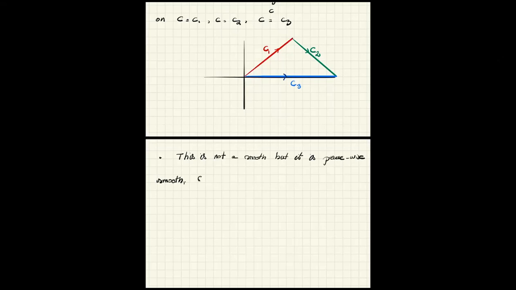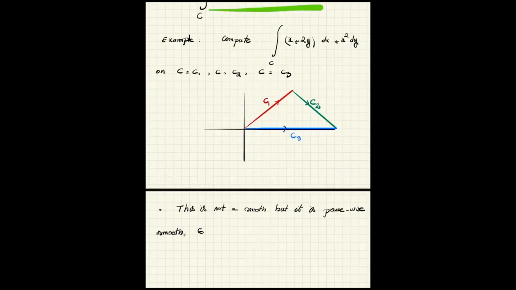Actually, let me see. No, sorry, that's another example. C is actually C1 union C2 and C3.